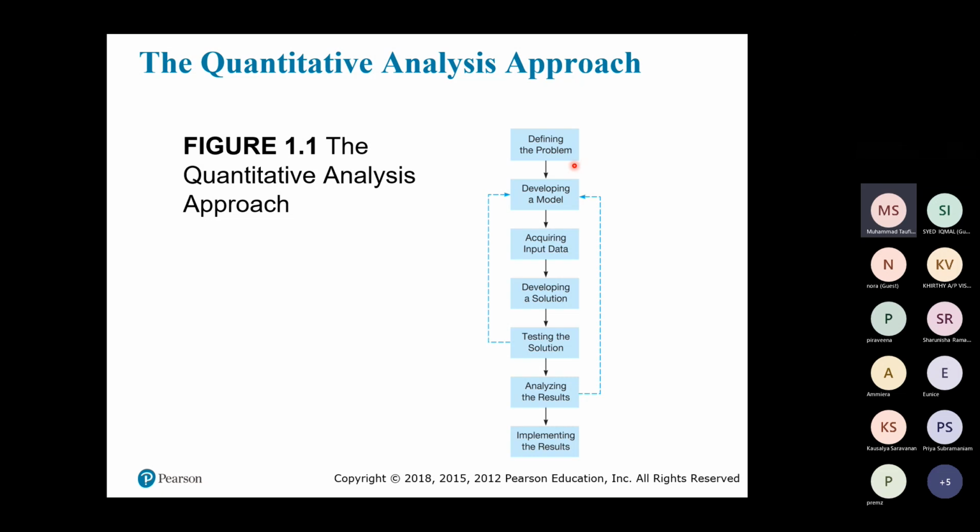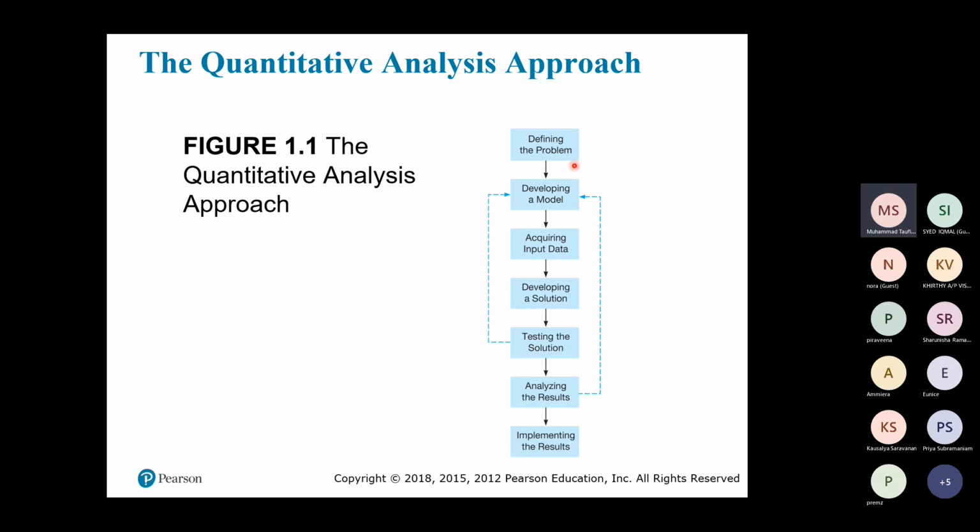You have to check back your model. Maybe your model is wrong, or maybe you use a model that is not suitable. You have to check back. Okay, and if based on your analysis, your result is very good, then you implement the result.